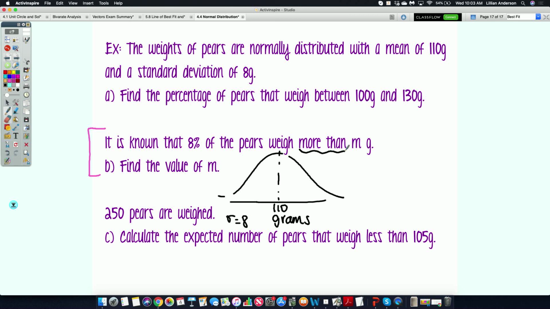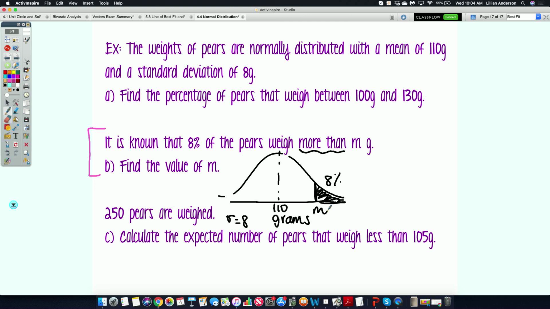So is that going to be to the left or to the right of my mean? To the right. This is going to be shaded to the right because it says more than, and this would be 8%. 8% weigh more than M grams. Questions on the picture? This will be your method.